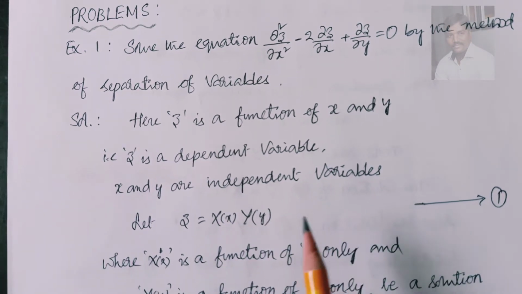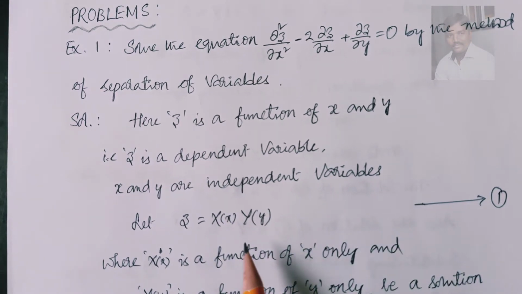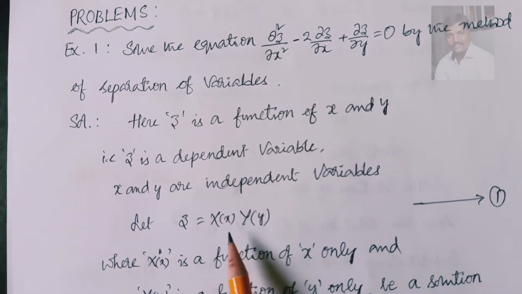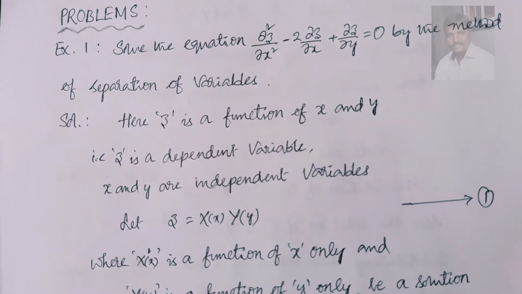Now let us start the method of separation of variables. For that, assume the solution as a function of x. Let capital X of x be a function of x, just like f of x or phi of x, and capital Y of y be a function of y, something like g of y or psi of y.